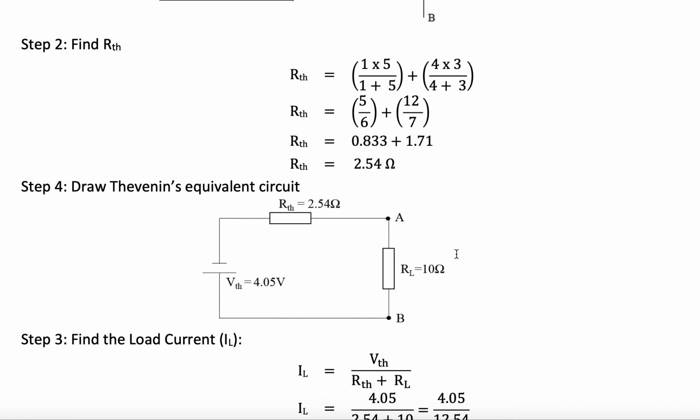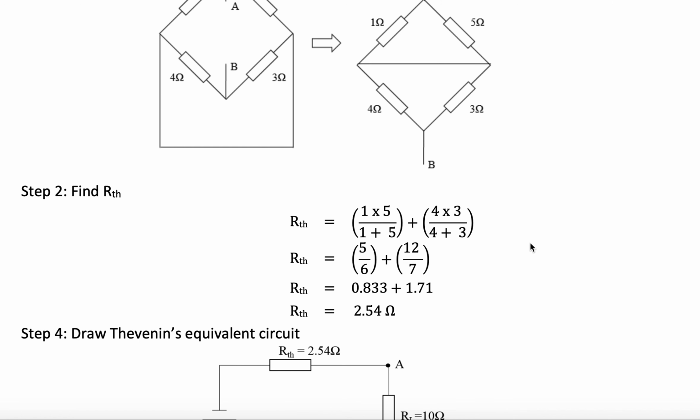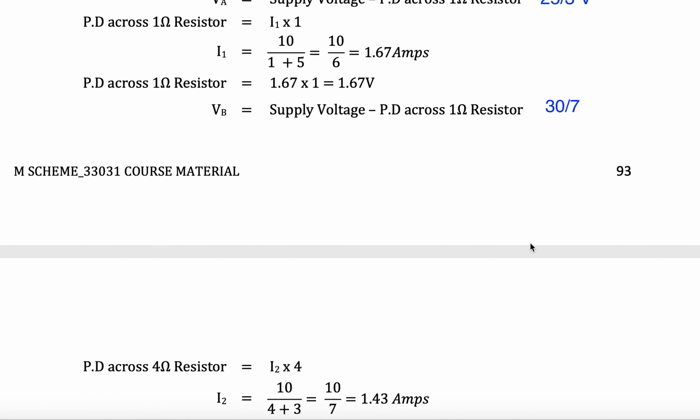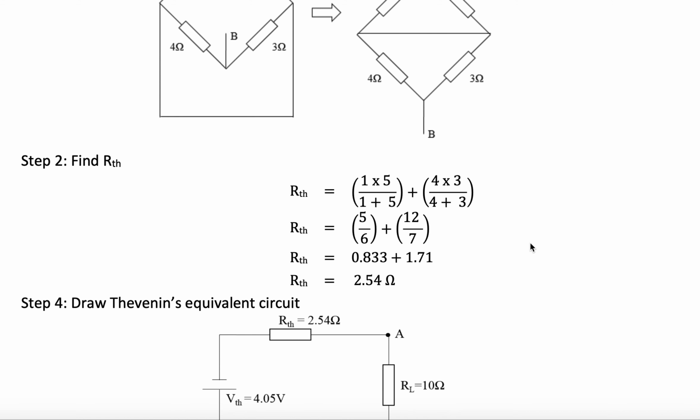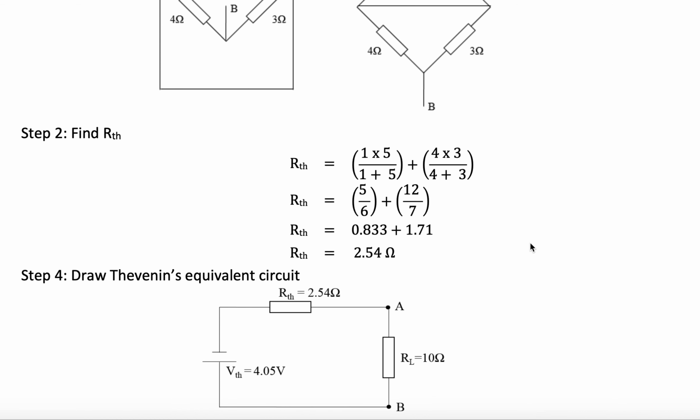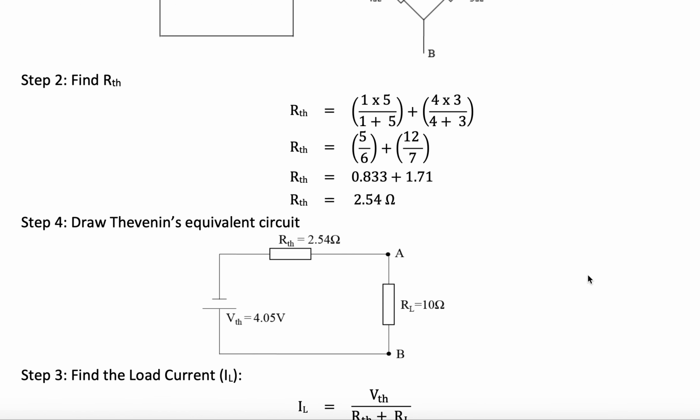So VTH we know, RL we know. VTH is 85 by 21. So RTH is this. I guess RTH is correct, whatever he did. RL you already know, 10 ohms.